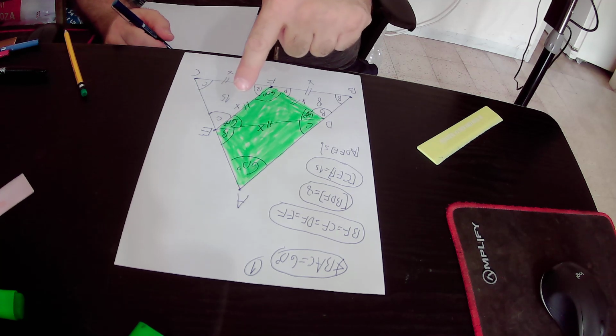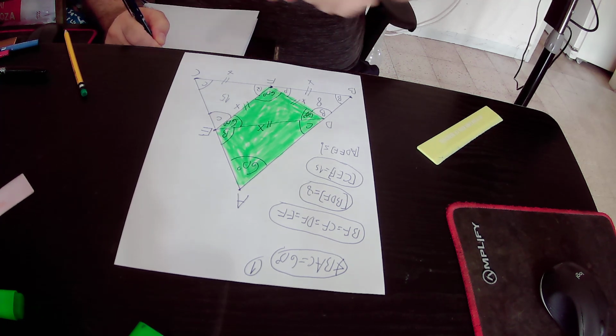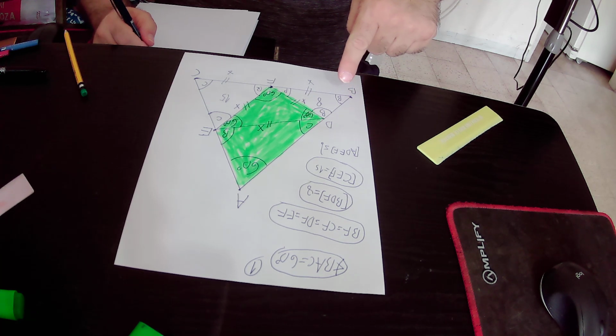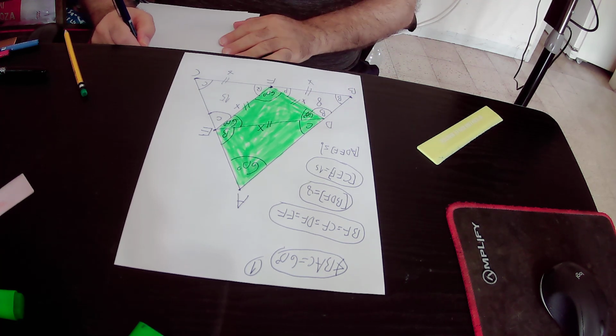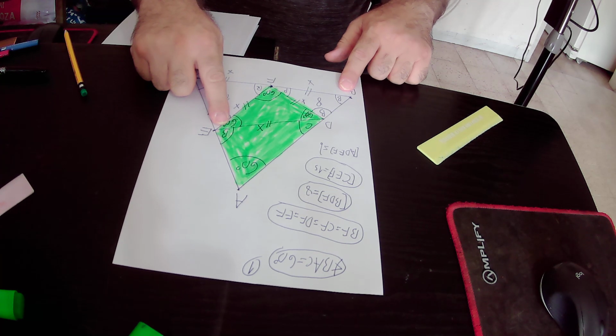Angle AED on triangle ADE equals angle ABC on triangle ABC. And those two angles are both equal to B. Okay?